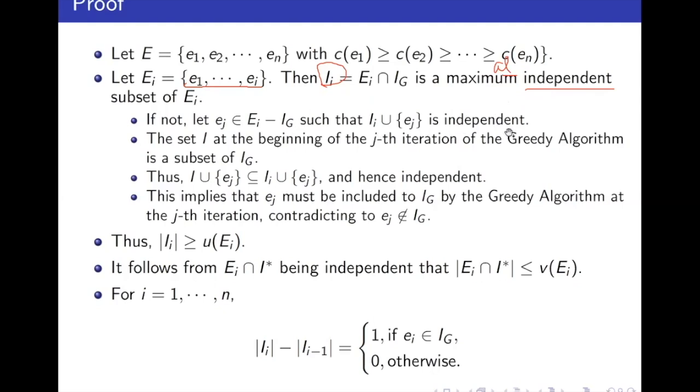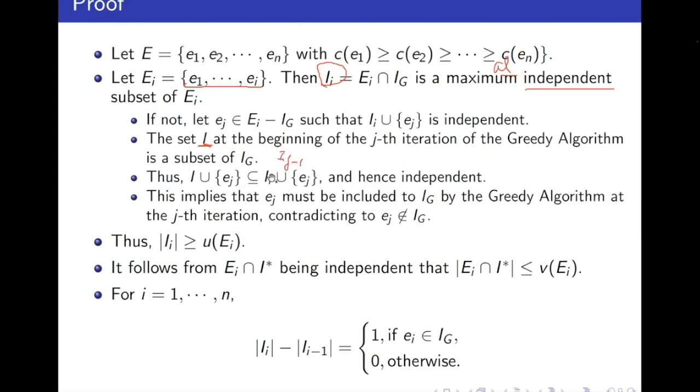Then we look at the set I at the beginning of J's iteration, so this I sub J minus 1 is, of course, a subset of IG because this is what we have already included in IG, right? Then I put this EJ into it.